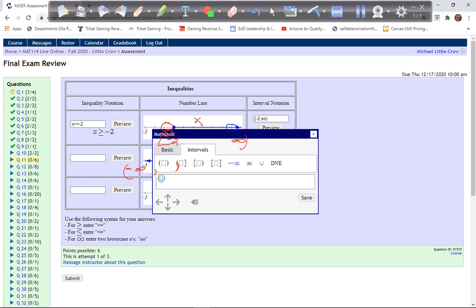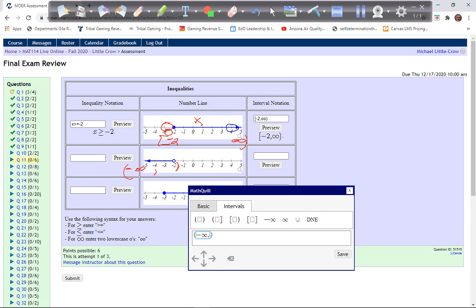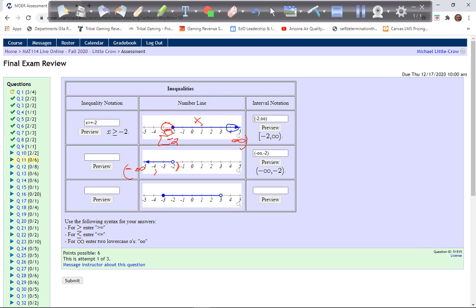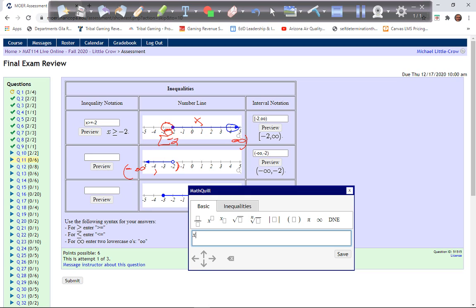We need parentheses on both sides. So we've got negative infinity, and then we go till -2 again, not positive 2, -2. Okay, so that's our interval there, and here x is living down in the bottom part, so x is less than -2. For inequality, it's strictly less than, not equal to, -2.